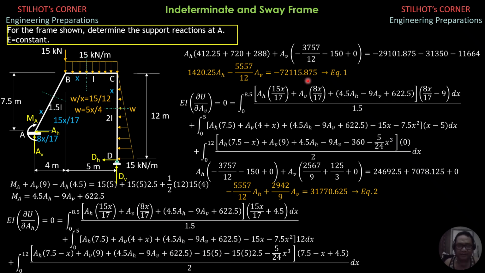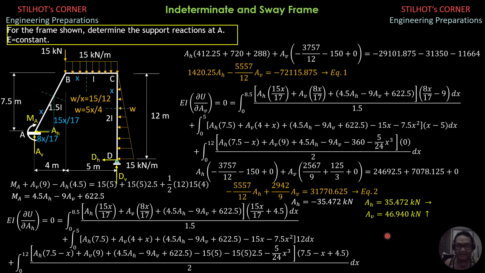So solving equations 1 and 2 simultaneously, we obtain AH is negative 35.472 kilonewtons. So since we assumed leftward, the direction of AH is rightward, and it is 35.472 kilonewtons.